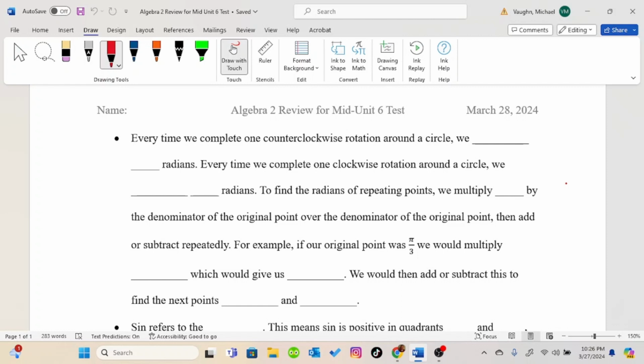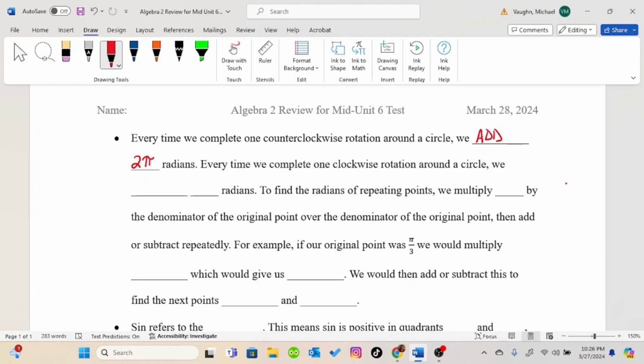Every time we complete one counterclockwise rotation around a circle, we add 2 pi radians. A circle is 2 pi, and if you're going counterclockwise, then you are adding, or that is positive 2 pi.